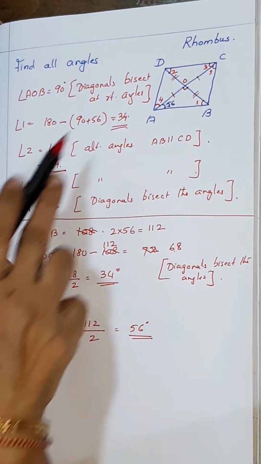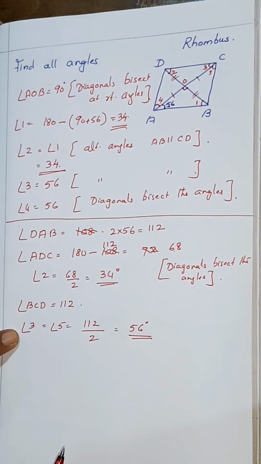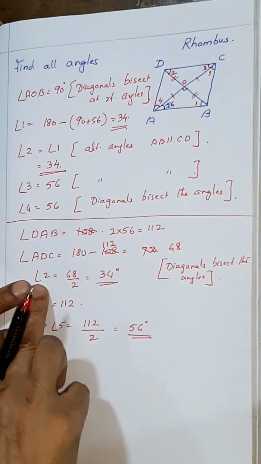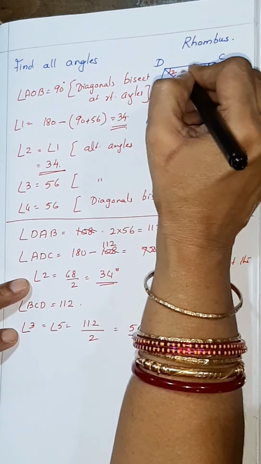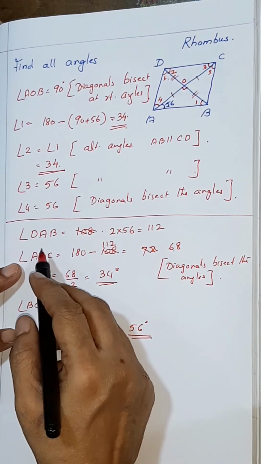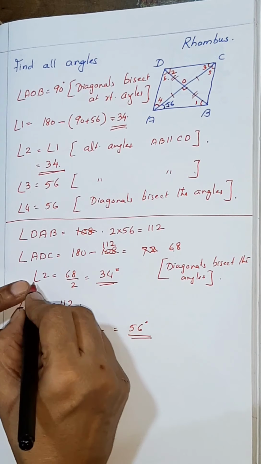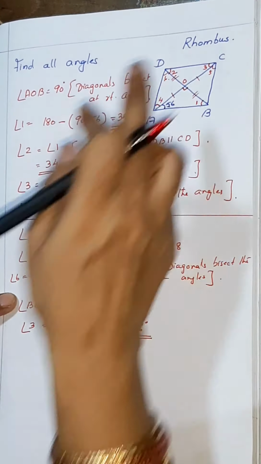So here also, using this, we got angle 3 is equal to 56. And suppose I am giving this as 6. So angle 2 and angle ADC is equal to 68. So angle 6 is equal to angle 2 equal to 34 degrees.